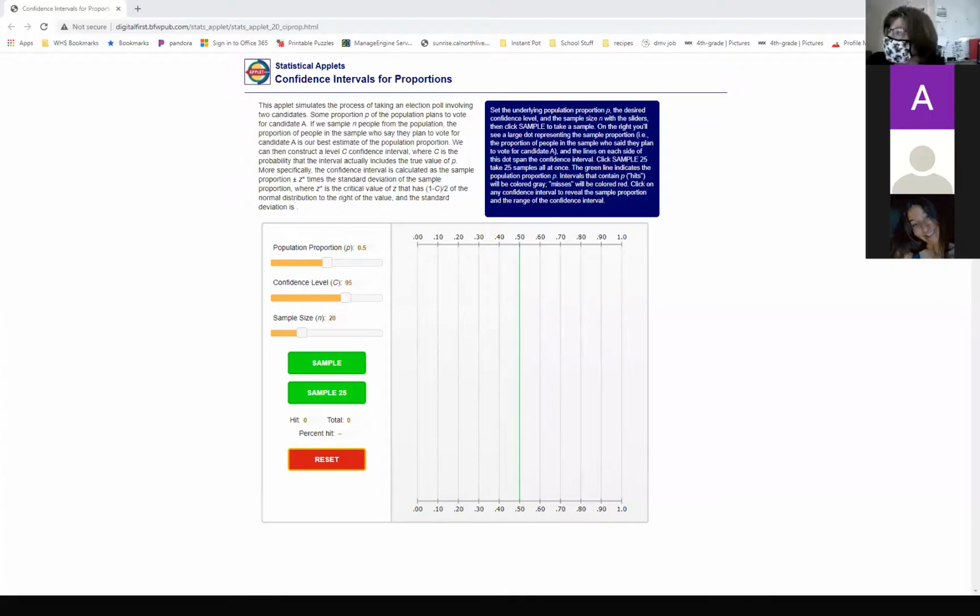You at home should be able to see the confidence interval 1. It wants you to click sample, and it gives you one. Did this one capture the true mean? The first one, okay. It's bright green. Is this sample 2? We keep going.